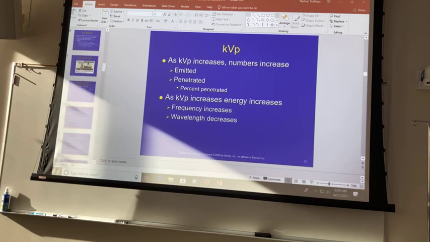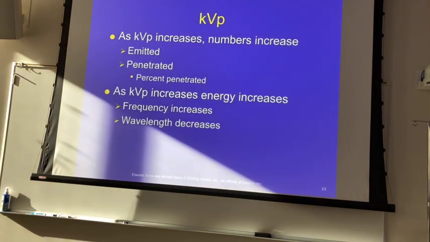So we talked about kVp. As we increase kVp, and we've talked about this all semester, as kVp increases, and that's the only thing that we change, we get an increase in numbers emitted from the X-ray tube. We get an increase in the numbers penetrated, and the percent penetrated increases. That's percentage of penetration without any kind of interaction, and penetration that is the result of Compton interactions.